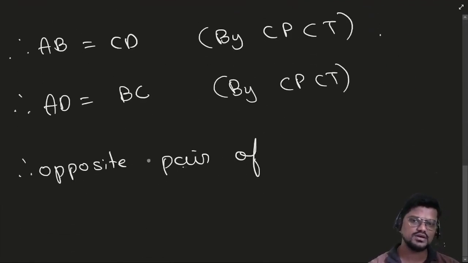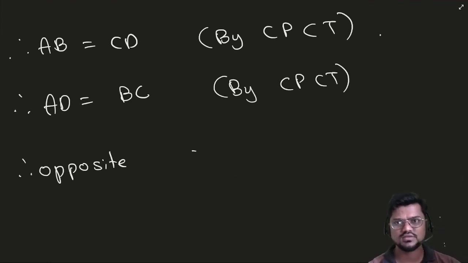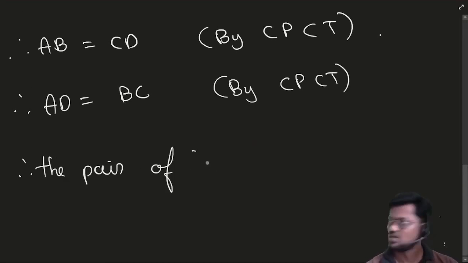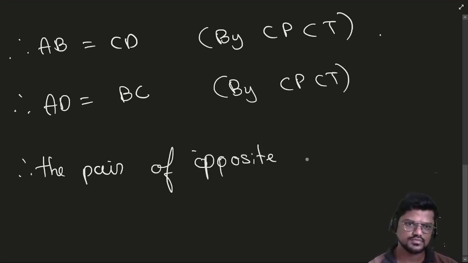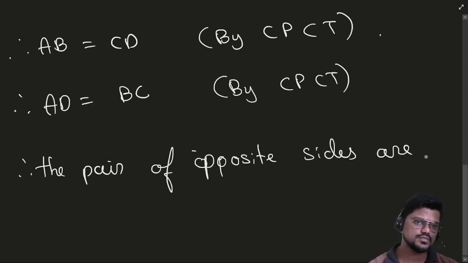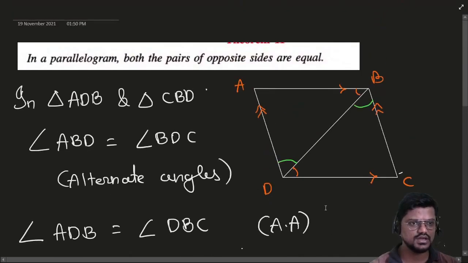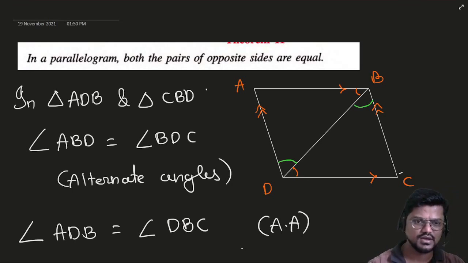Therefore, the pair of opposite sides are equal. Understood this? Any doubt in this? No doubt? Okay, fine. Now we'll move to the next theorem.